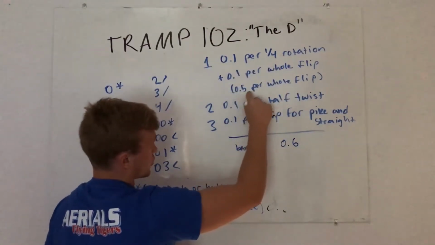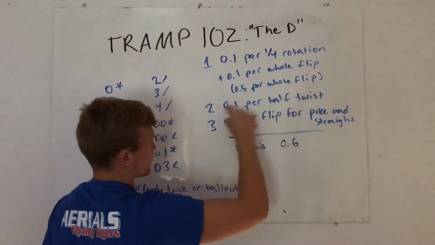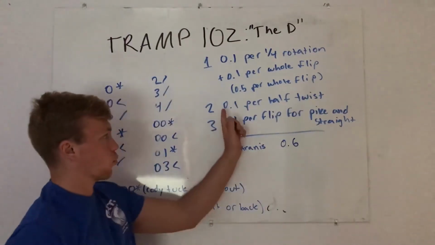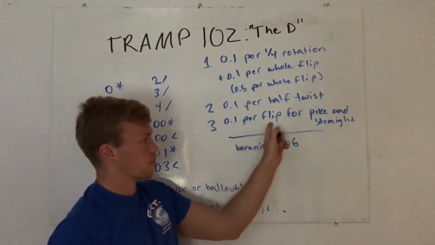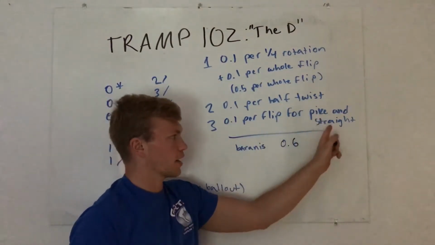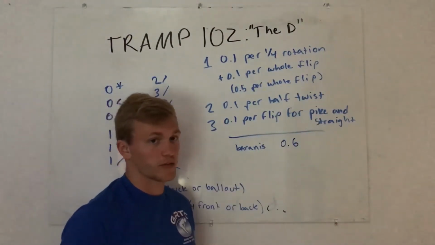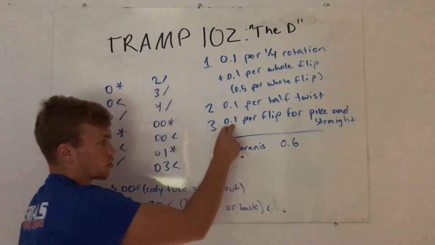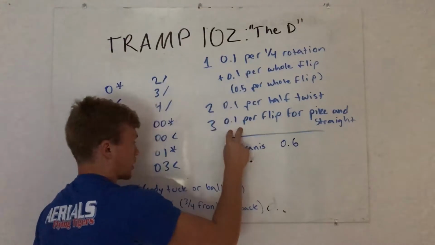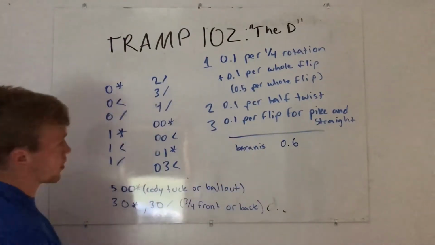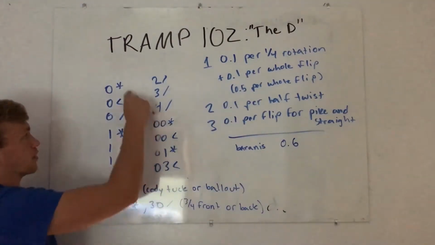So that comes out to 0.5 per whole flip. The second step is going to be 1/10 per half twist. The third step is going to be 1/10 per flip for pike and straight flips, because those are more difficult than tuck. So that means doubles are going to get 0.2, triples are going to get 0.3, quadruples are going to get 0.4 bonus.